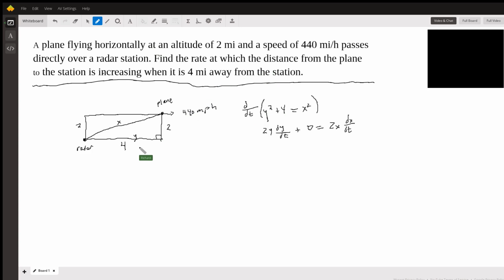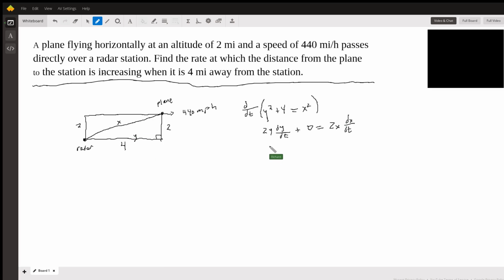Okay, now when y is 4, they want to know what the change in the distance between the radar station and the plane is when y is 4.